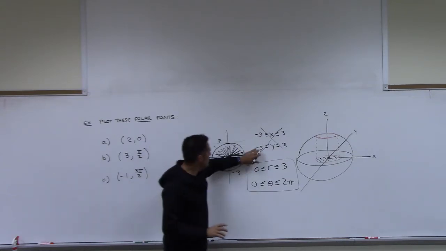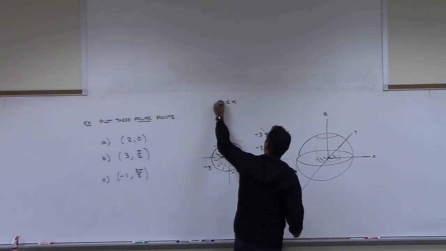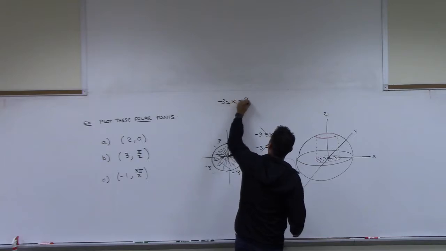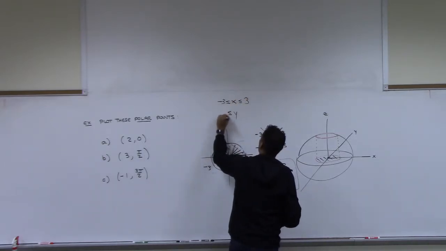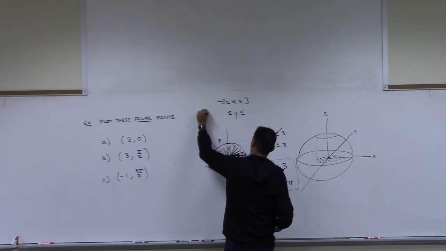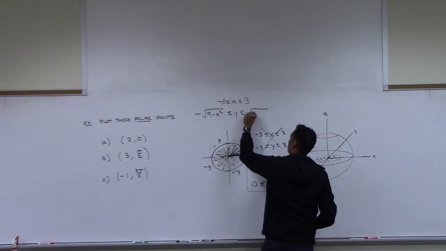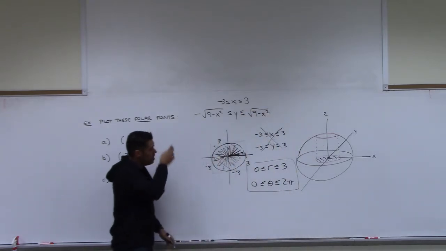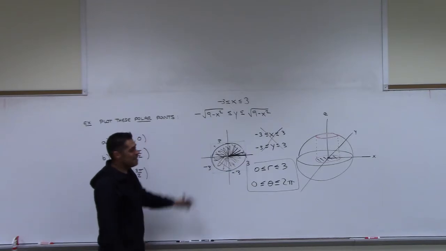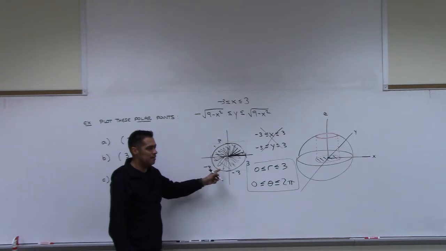If you wanted to know what you would do here for Cartesian, you still trap your x between -3 and 3. So you allow your x to move back and forth, but you have to trap your y between the negative square root of 9 minus x squared and the positive square root of 9 minus x squared. That's basically the equation of this circle solved for y.